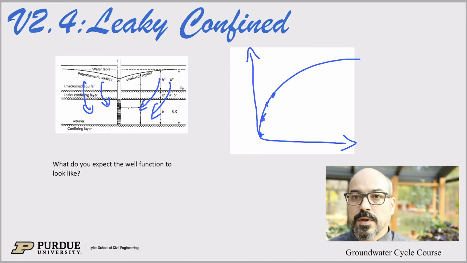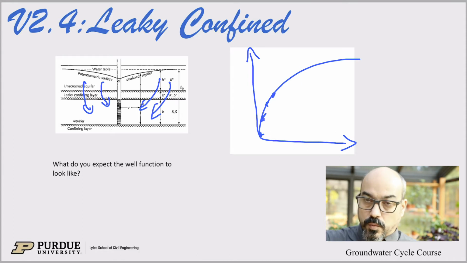So what happens when this happens, right? When there's more water coming in, like there's a recharge boundary, well then all of a sudden our drawdown drops slower, right? So we would expect the drawdown, the water level in the well, pretty much to start dropping slower because there's more water available for that same pumping rate.